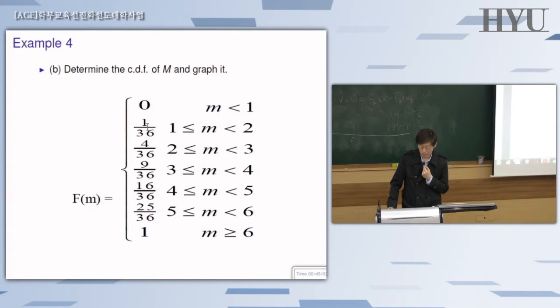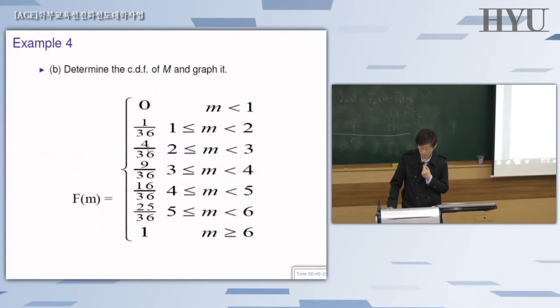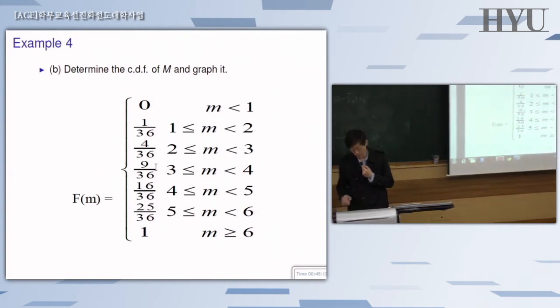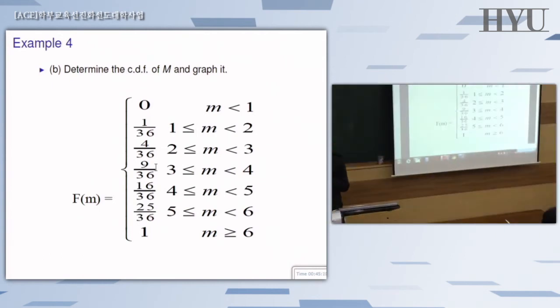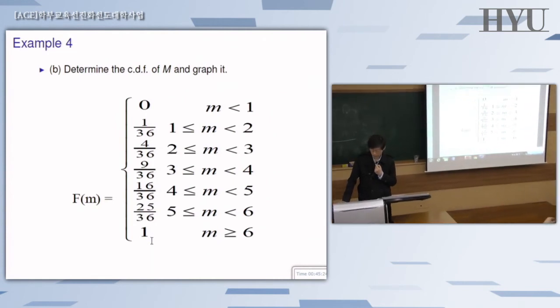And the size of the jump between the second and the third is 3 over 36, and that's the probability mass for the second outcome, which is 2. And similarly, the size of the jump between the third and the fourth is 5 over 36, and that's the value for the next choice, which is M equals 3, and so on.